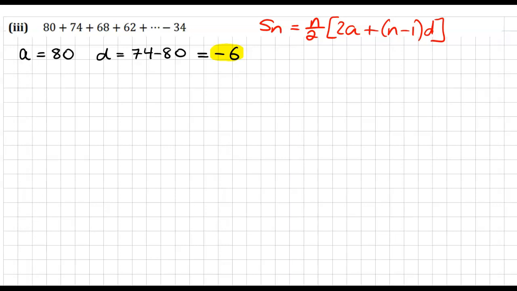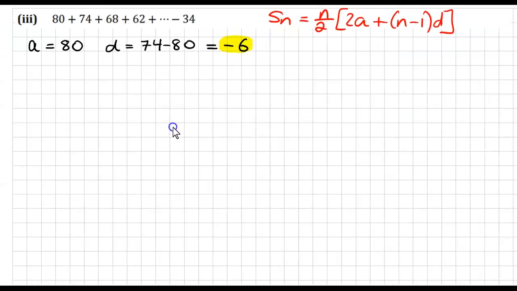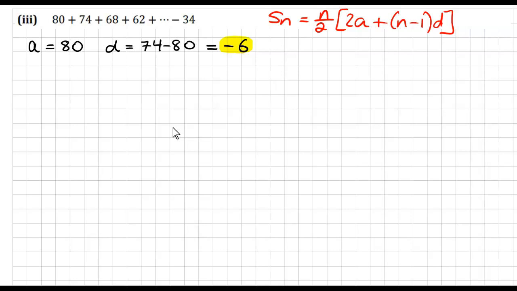Now again, here we don't know what n is, so we don't know what term actually gives us negative 34. So again we'll use our a plus (n minus 1) times d and put that equal to tn to figure out what term we're talking about. So we have 80 plus (n minus 1) times negative 6.